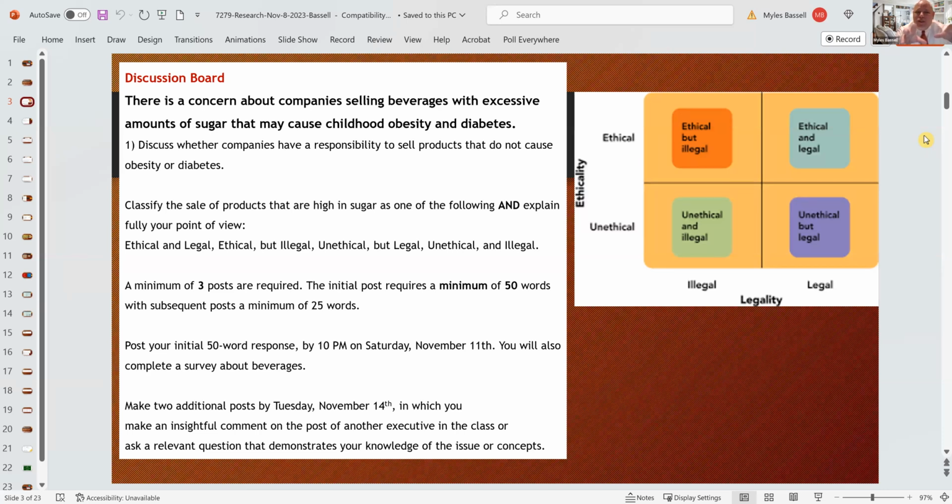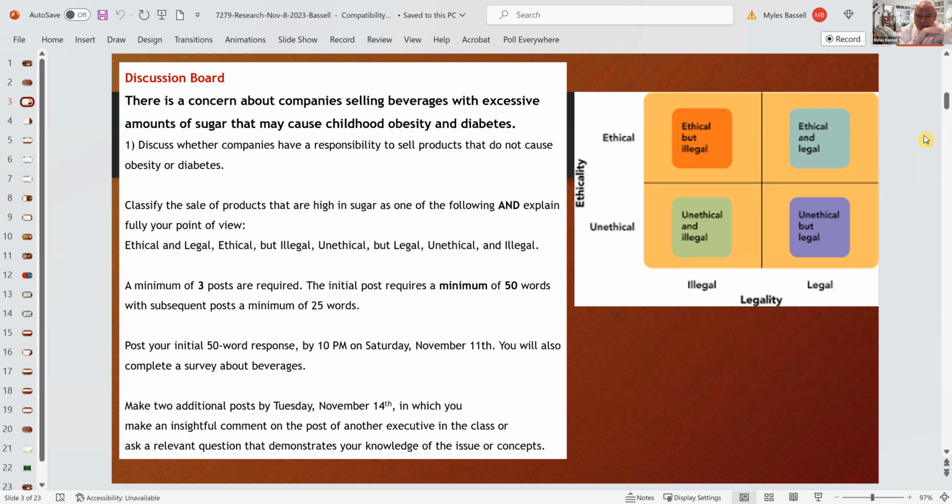Another aspect of this topic is I want you to indicate, using this matrix that you see on the screen there, whether or not selling beverages that are high in sugar is ethical or not ethical. Is it legal or illegal? And explain your perspective, why you think it's legal but unethical, for example.